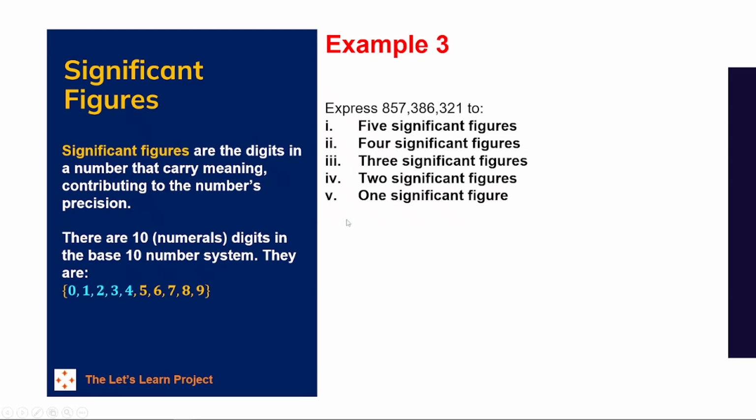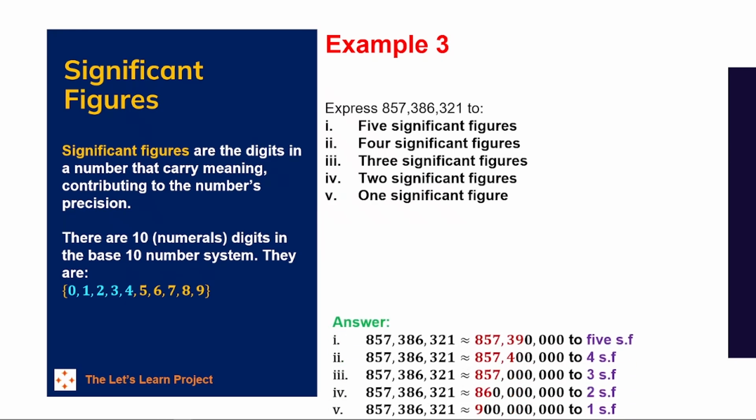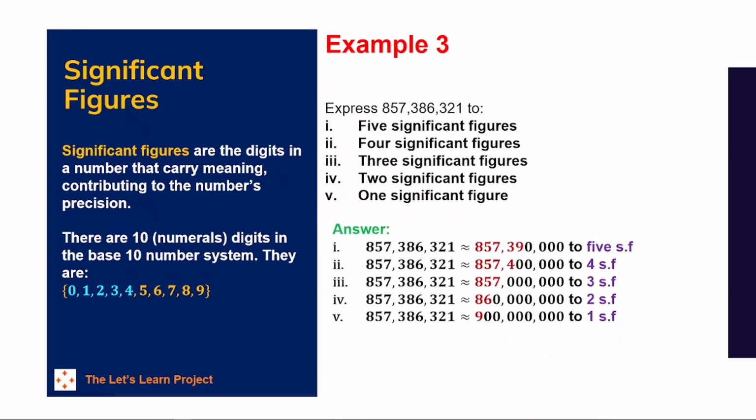So it means in rounding or expressing 857,386,321 to 5 significant figures, we are going to get 857,390,000. So you can see that the significant figures here are 5. And it goes in that order.